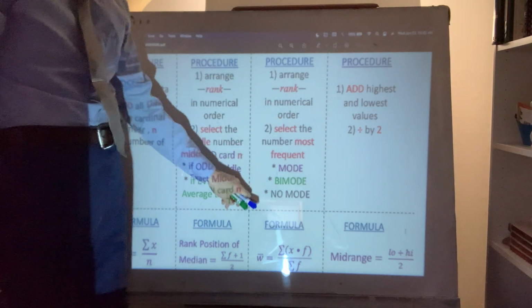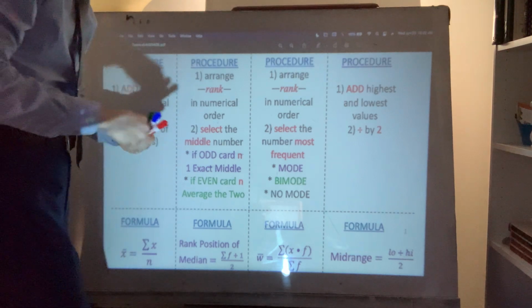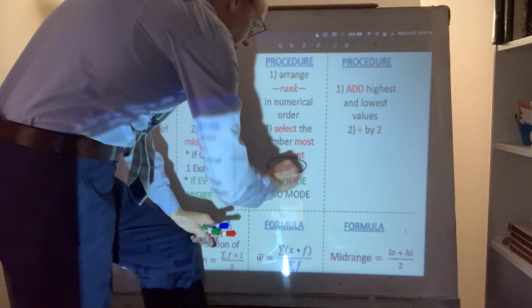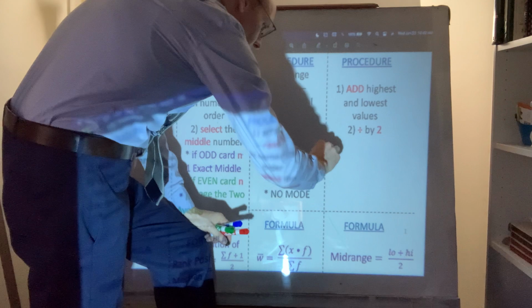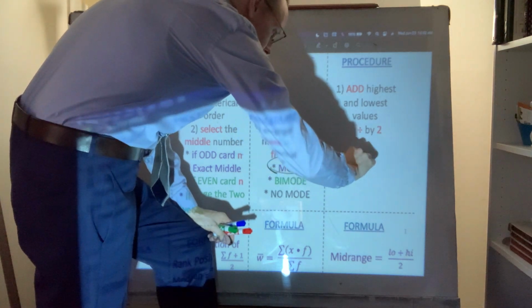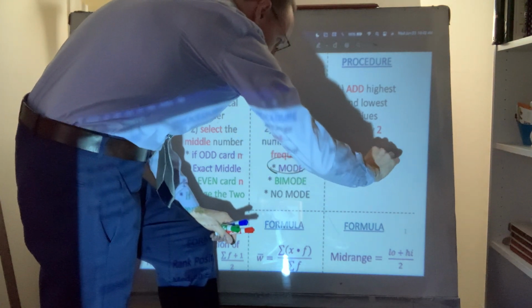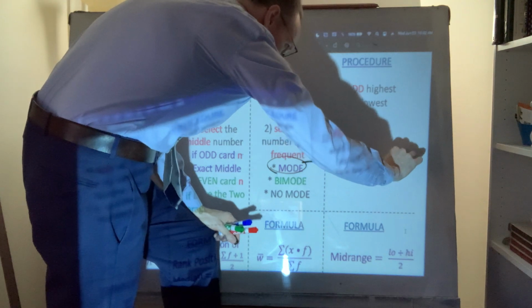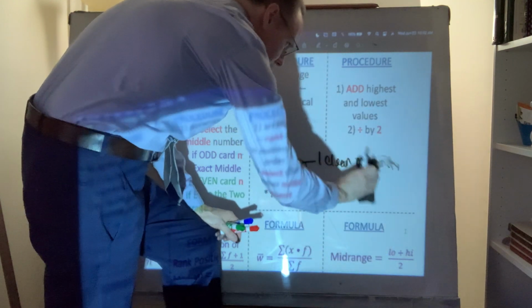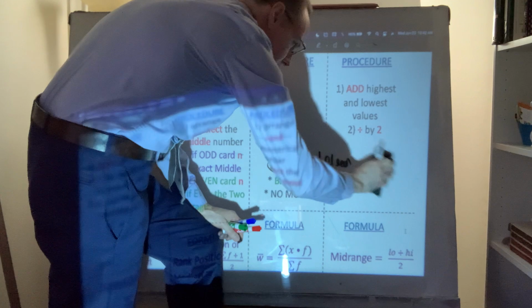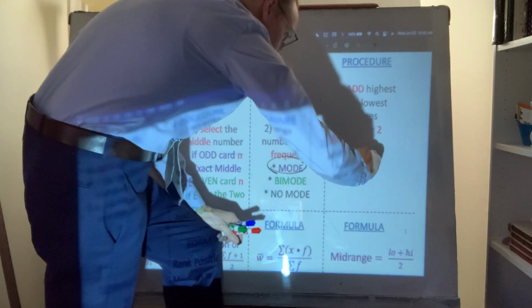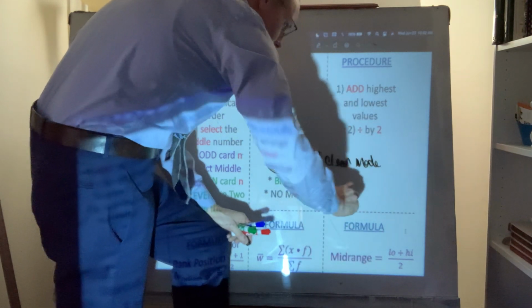Now, there are 3 things that may happen. That there is one clear majority, if you will. One clear winner. One number occurs most of all.